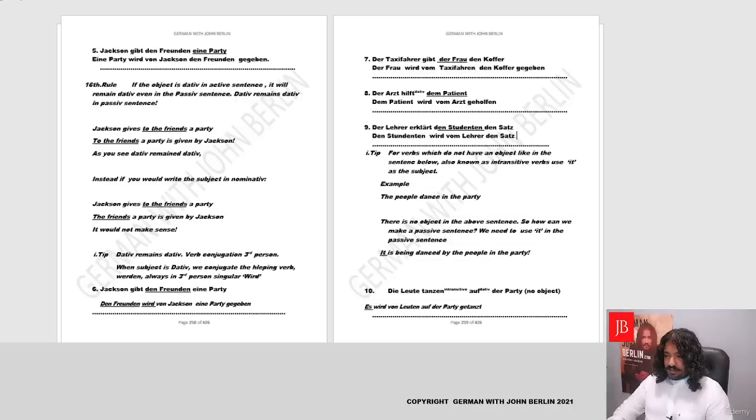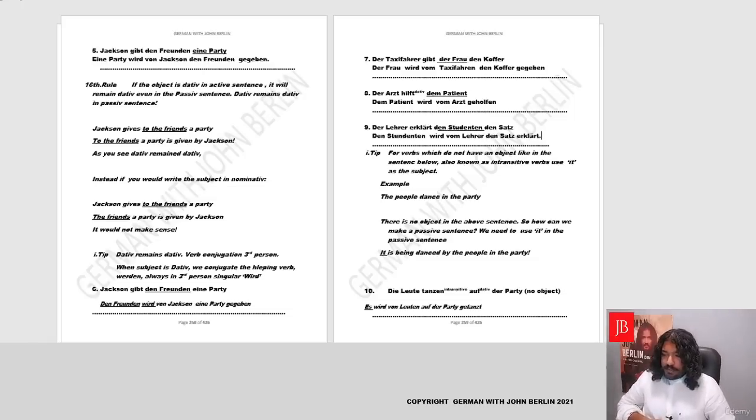Erklären is erklären, and in perfect it's erklärt. No GE as well. Okay, let's write it here. Erklärt. Perfect. Den Studenten wird vom Lehrer den Satz erklärt.